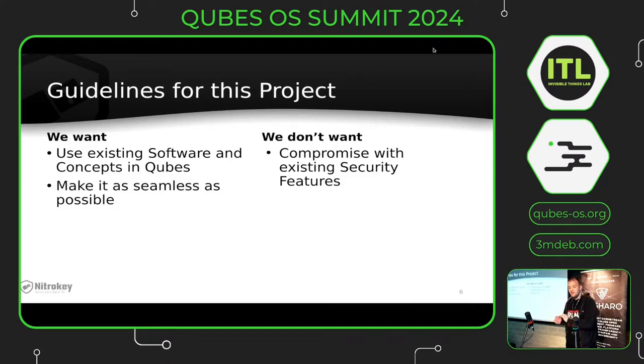So the guidelines I set myself is that I really want to stay as close as possible to the existing Qubes default installation, and make it as seamless as possible. And I don't want to switch off some security features in Qubes. That is also the reason why I'm not going into decrypting Qubes itself with the NitroKey, which is quite possible.